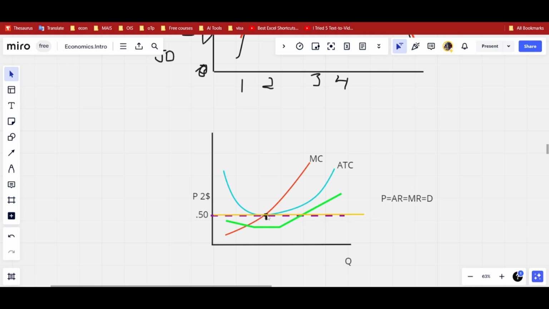At this point, this is a perfect competitive market. At the point where they all intersect, the economic profit is equal to zero.